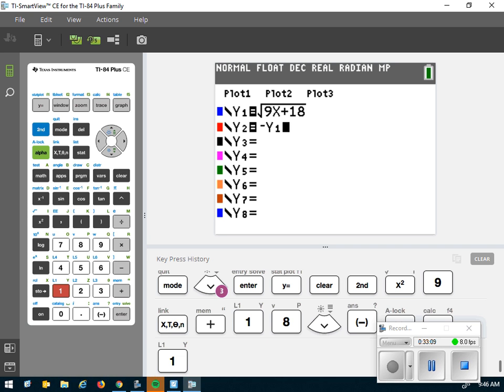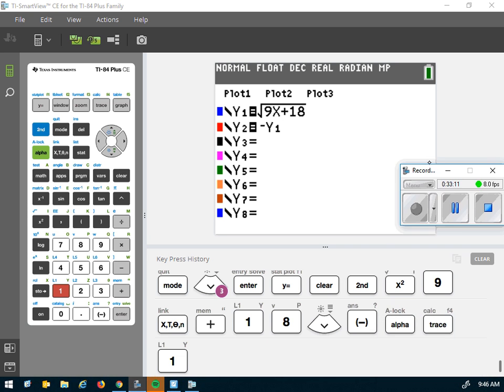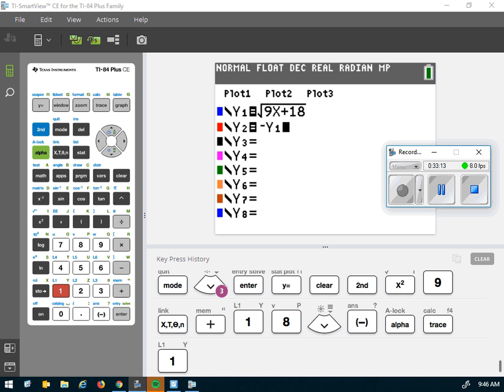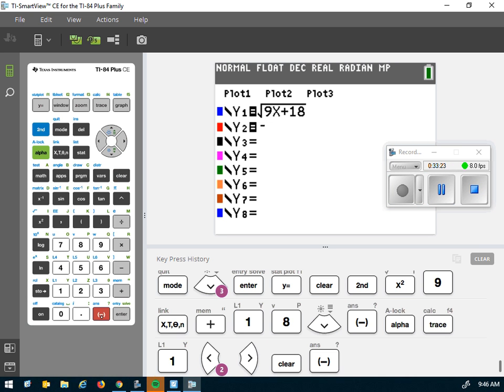You can look right down here and see the history of the buttons I pushed. But long story short is, here's what I did. I took the negative, and then I did alpha trace.